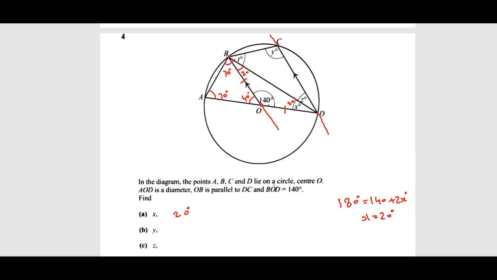Now we need to think about this angle Z. And we certainly can think about it using the concept of two parallel lines that are being cut by a transversal. I'll try extending this.